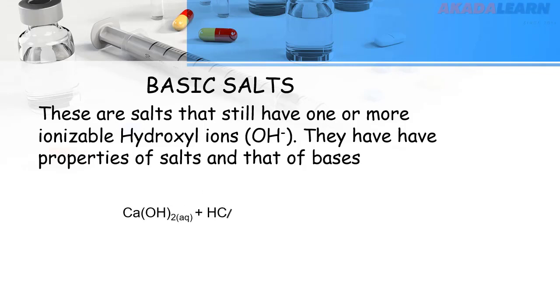Ca(OH)2, that's calcium hydroxide, reacting with HCl. It will give us Ca(OH)Cl in an aqueous form plus H2O. The Ca(OH)Cl is the basic salt.